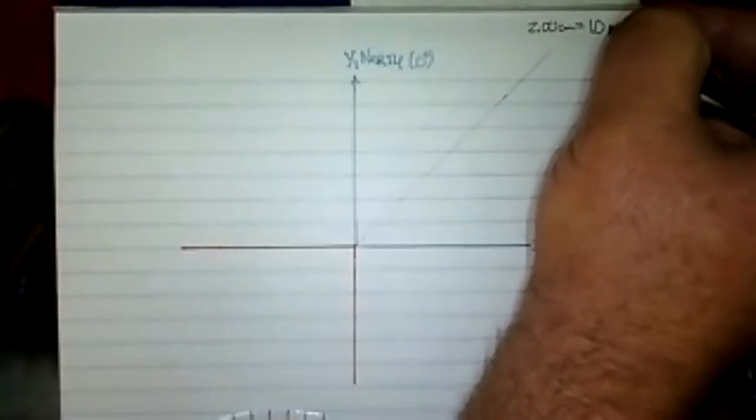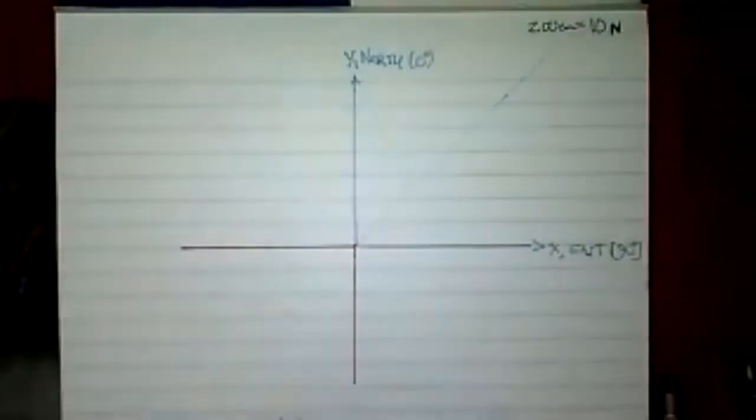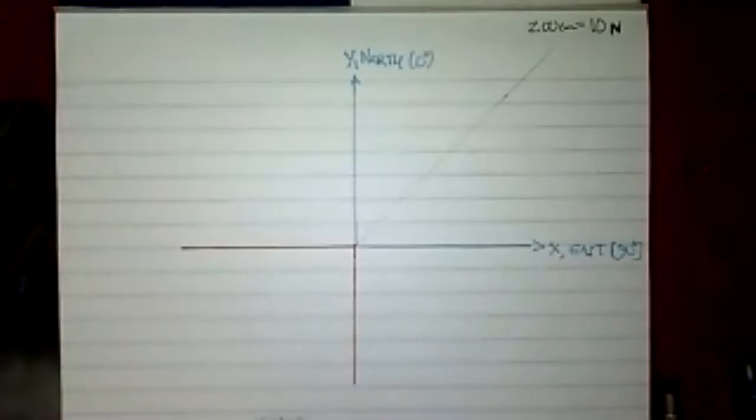When I do a vector that's 14.14 newtons, I divide that by 10, that's 1.414. Then I multiply that by 2. It's just like a unit conversion, and I end up getting 2.828.